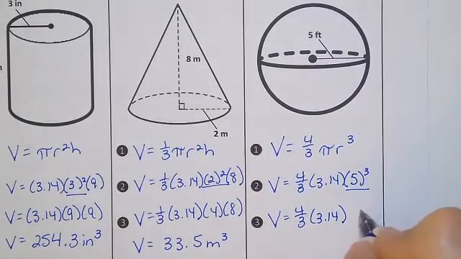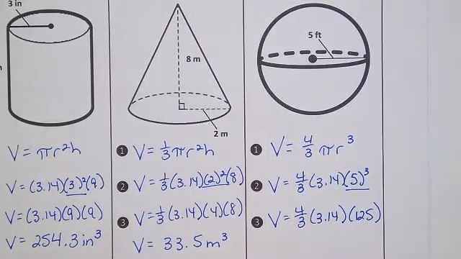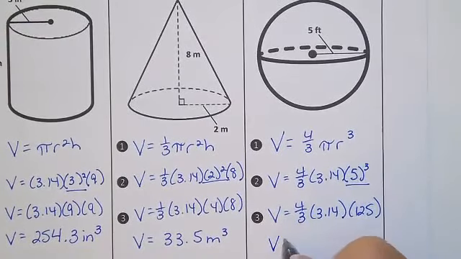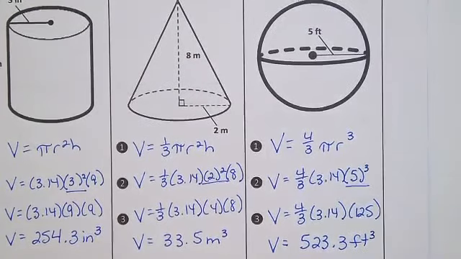So 5 times 5 times 5 is 125. Now, again, I can do 4 divided by 3 and then multiply it times these, or I can multiply these 3 and then divide it by 3. Either way, I get 523.3 feet cubed.